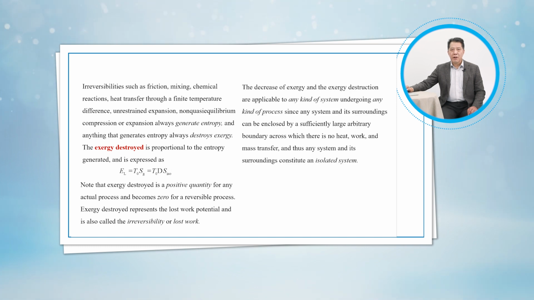The decrease of exergy and the exergy destruction are applicable to any kind of system undergoing any kind of process, since any system and its surroundings can be enclosed by a sufficiently large arbitrary boundary across which there is no heat, work, and mass transfer, and thus any system and its surroundings constitute an isolated system.